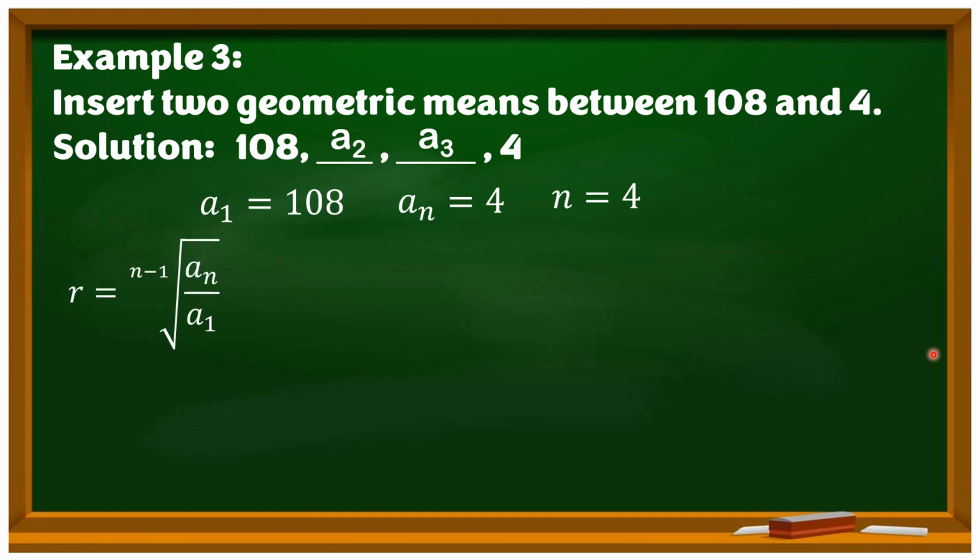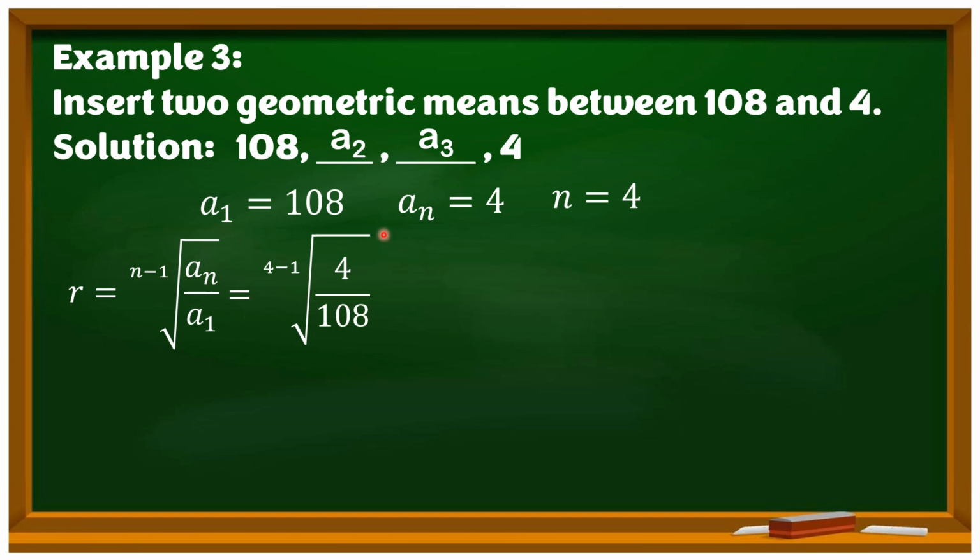Next is we're going to solve for the value of r. We're going to substitute the value of n, a sub n, and a sub 1 in the formula. So the value of n is 4, the value of a sub n is 4, and the value of a sub 1 is 108.